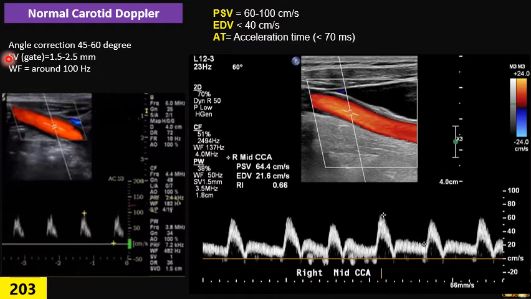Sample volume or gate should be between 1.5 and 2.5 millimeters, unless in some specific situations we can decrease or increase it. Later we will talk about that. And the wall filter for spectral should be around 100 hertz. I have to mention the wall filter.